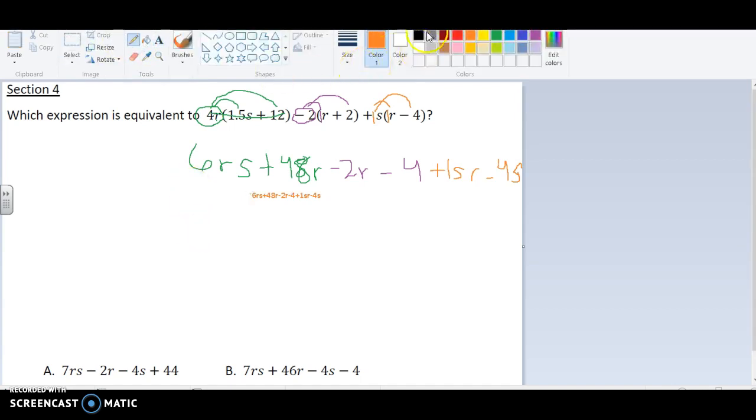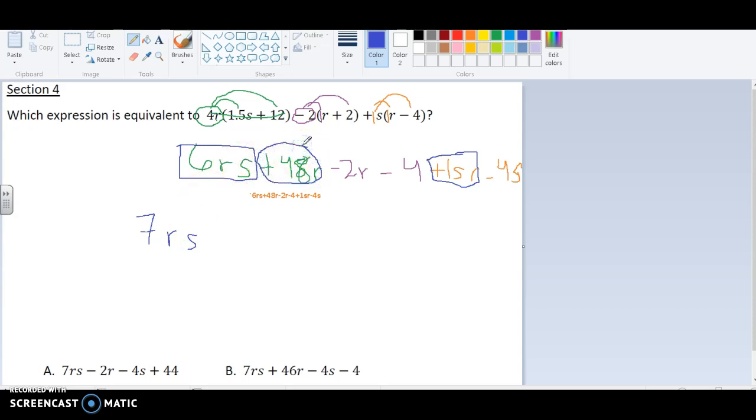So let's do blue for that. So I've got 6RS right here. So I need to find any other terms that have both an R and an S, which is going to be over here. So 6 plus 1 is going to be 7. So that's going to turn into 7RS. And then I've got a positive 48R.